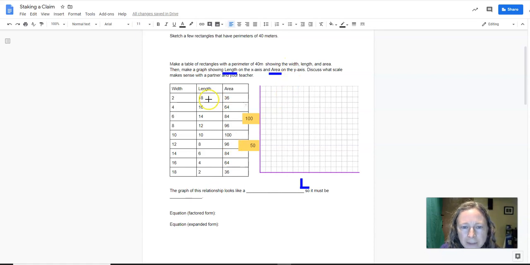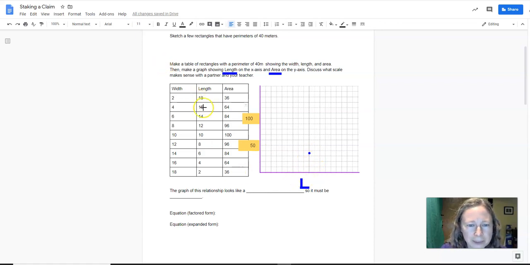So 18 for the length, 36 for the area, means you go 2, 4, 6, 8, 10, 12, 14, 16, 18. And then to do 36, we go up by tens, 10, 20, 30, 36 would be partway between the 30 and the 40. So there, that's 18, 36.